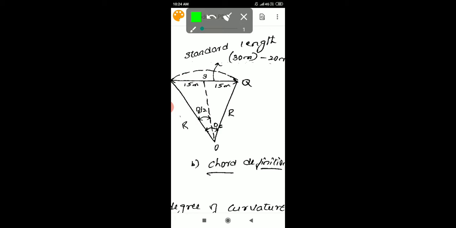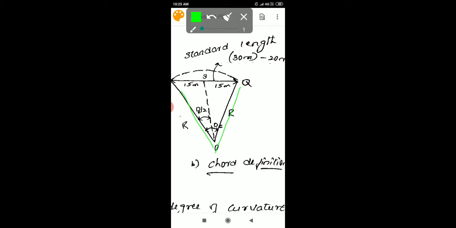I will take it up to 20 or 30 meter length. So the exact middle of the chord, 15 meter here and 15 meter here, will make an angle, no?